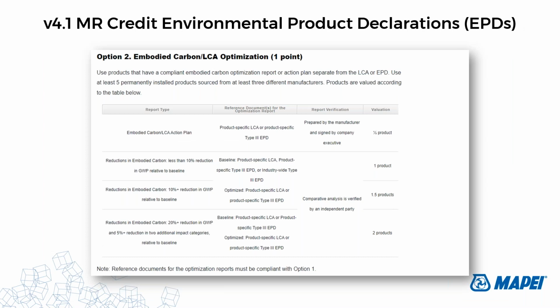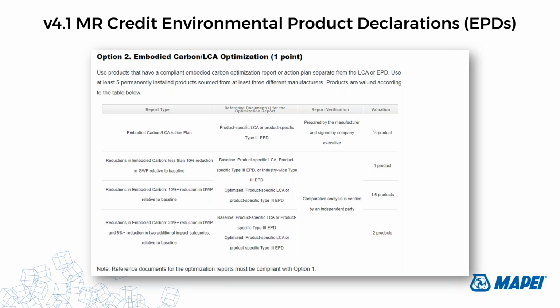There's also an option 2 under this credit. It's where EPDs are optimized or assessed. This is beyond a manufacturer creating an EPD. It's asking manufacturers to look at their life cycle assessment and ask how they can reduce their environmental impacts. Showing that reduction or having a plan to reduce impacts in place will result in contribution to additional points under the environmental product declaration.